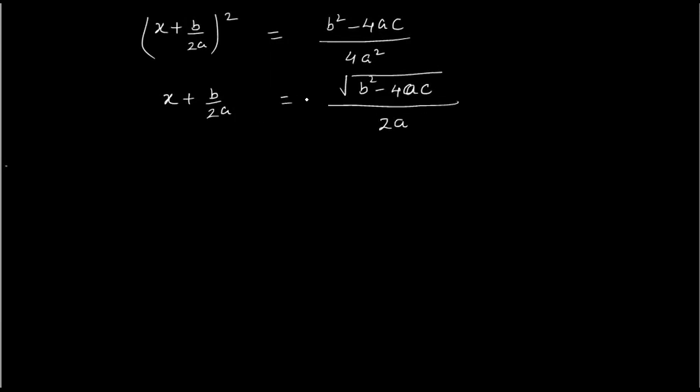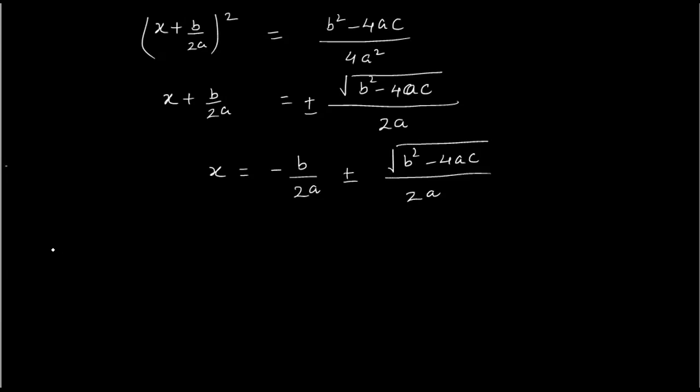Now subtract b/2a on both sides, or transfer b/2a to the right side. We get x = -b/2a, and after the square root we get a plus-minus sign. So x = -b/2a ± √(b² - 4ac)/2a.